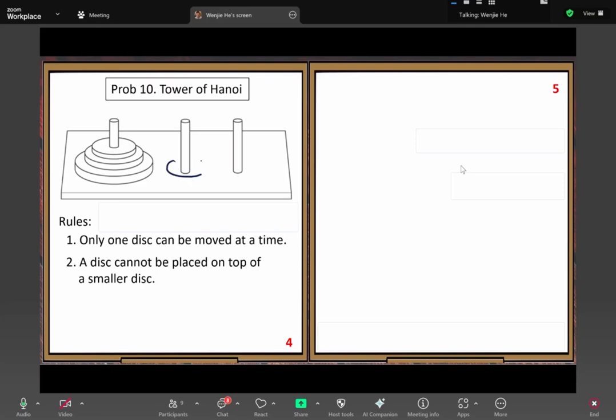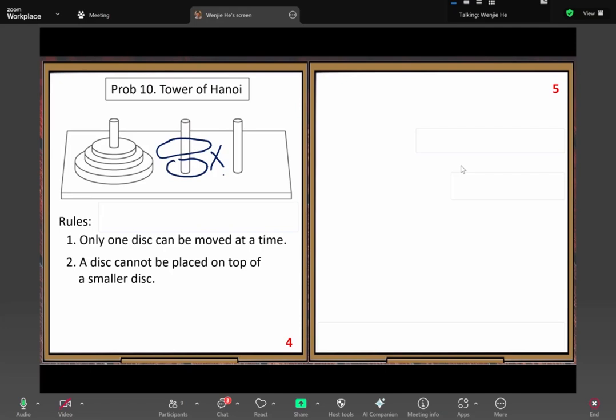If you have a smaller one here, you cannot put a larger one on top of it. That's not allowed. So the order of the disk sizes on every peg should always be in decreasing order.